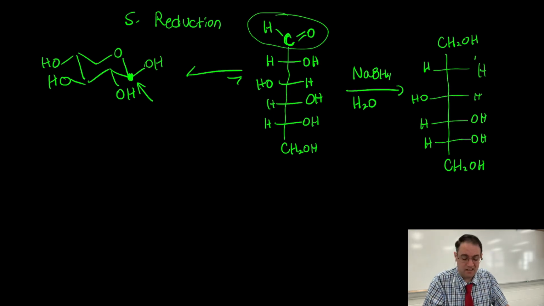And this is called an alditol. Where that name came from, I never did research on it, so go figure. So that's just called an alditol. It's not an aldose, it's not a ketose, it's this thing here. How does this reaction work? Let me refresh your memory with the reduction of aldehydes with sodium borohydride in protic solvents like methanol or water.